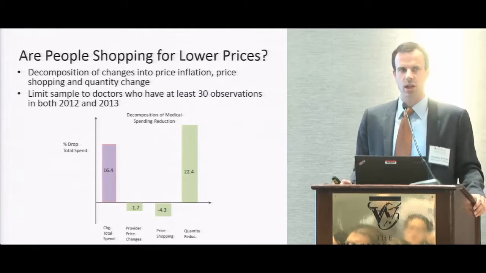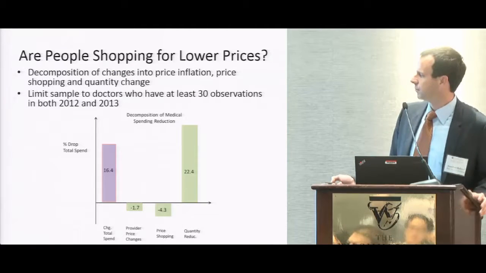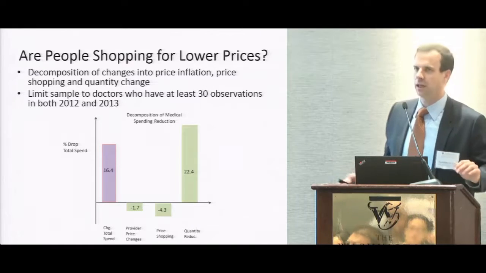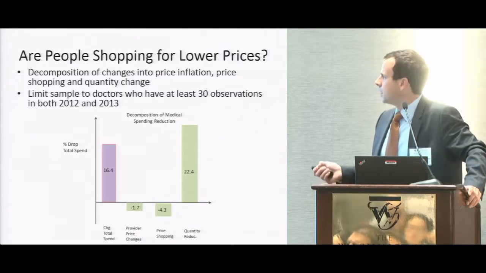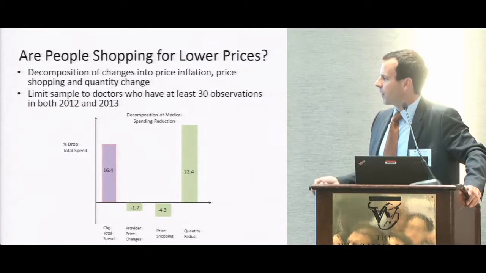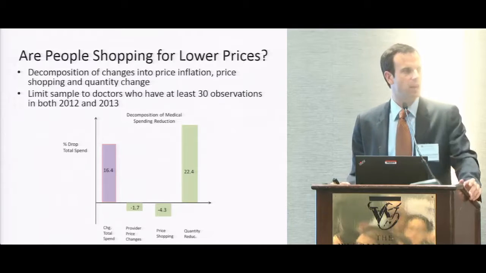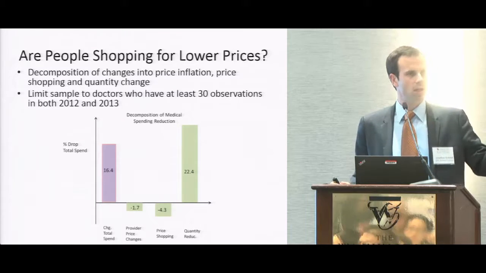We can then look at price shopping, right? So this is maybe not a perfect, this is flipped over in some sense, but basically the total spending drop of 16.5%. If you look at the provider price changes, so providers aren't changing prices, we see absolutely no price shopping effect. That is within the same condition.